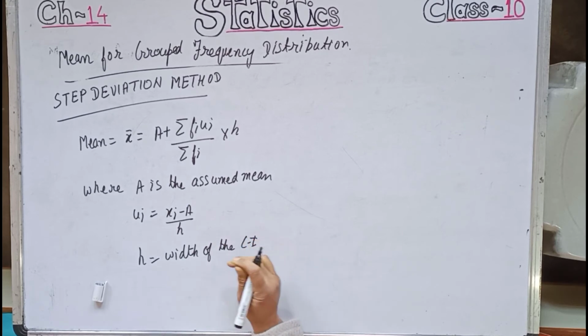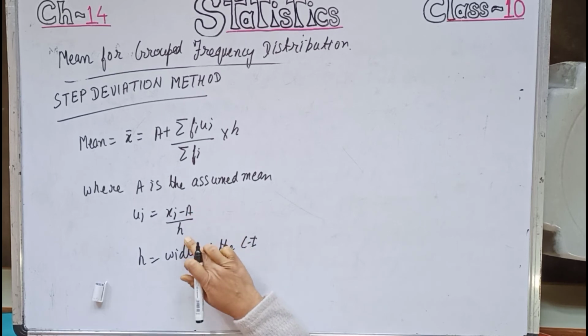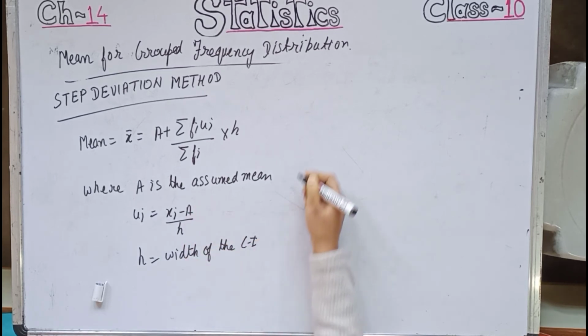Okay, ui equals to xi minus a by h, where a is the assumed mean, h is the width of the class interval.